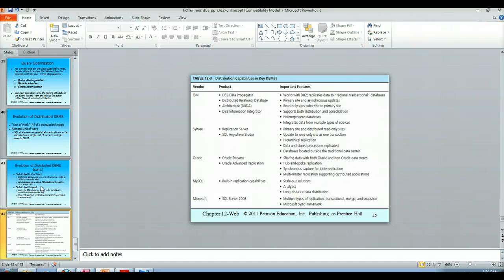Now MySQL is a big player. Microsoft has SQL Server 2008, and I think they've come out with SQL Server 2010 or 2011 fairly recently. So here's an example of the capabilities in some of the key database management systems.